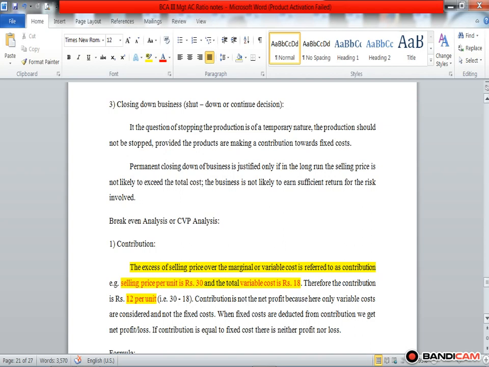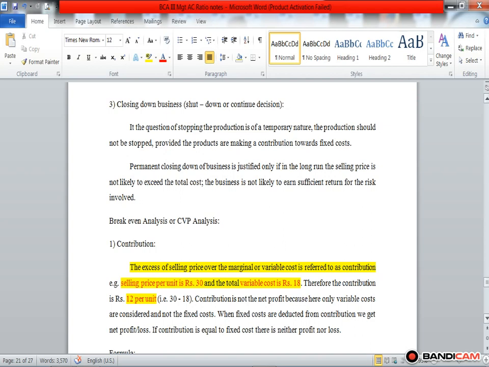Contribution means the excess of selling price over the marginal or variable cost. So for example, the selling price per unit is rupees 30 and the total variable cost is rupees 18, therefore the contribution is rupees 12 per unit.